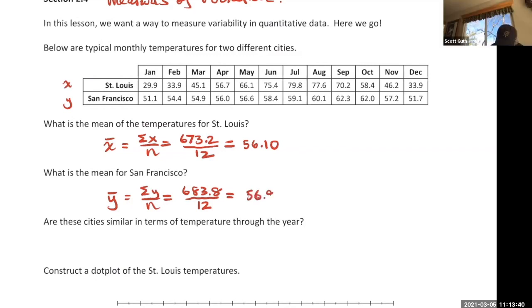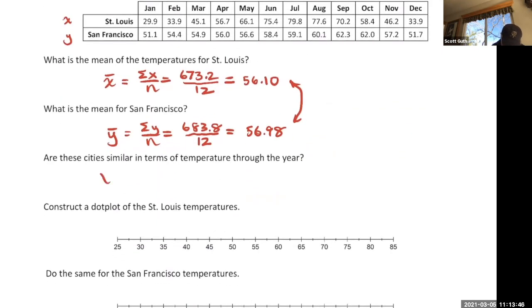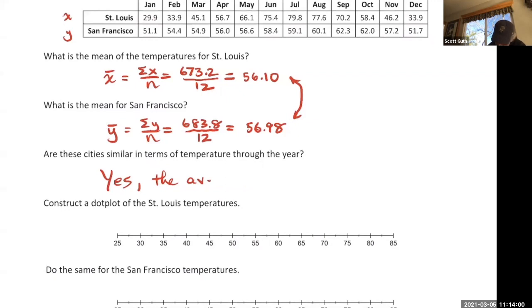Right, 56.98. So these are really similar temperatures, right? So it asks if the temperatures, I'll just say the averages, are almost the same. Average. Okay, so I should have said R.